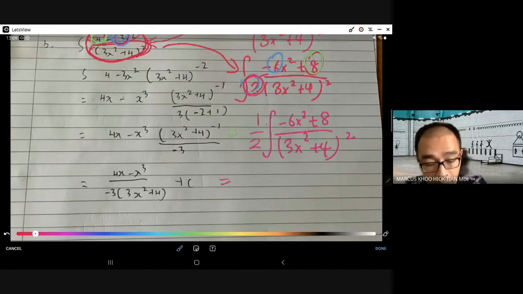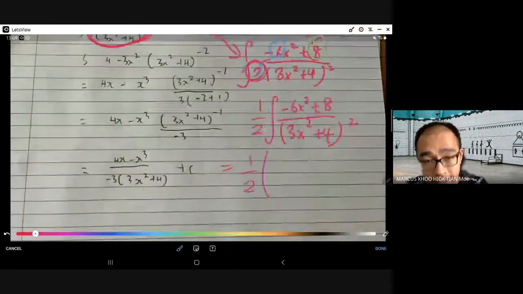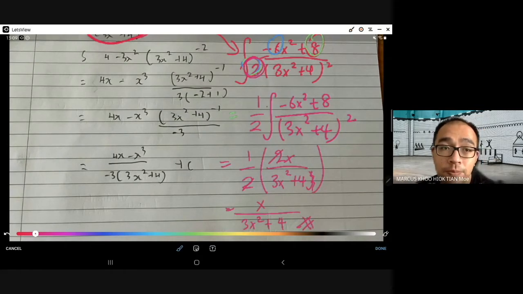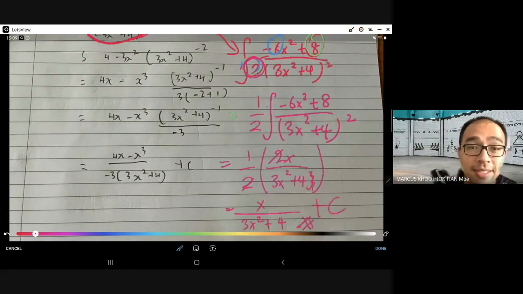So what I will actually get is 1 over 2 times the original thing, 2x over 3x squared plus 4. So your final answer will be x over 3x squared plus 4. This will be the answer. Oh yes, plus c. There's a plus c also at the end.